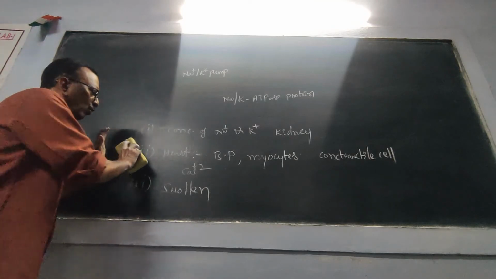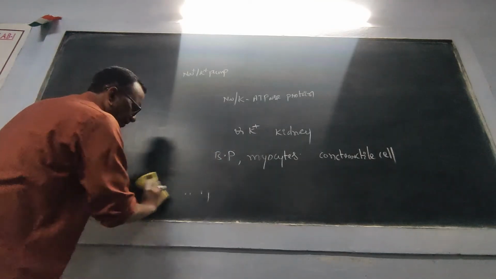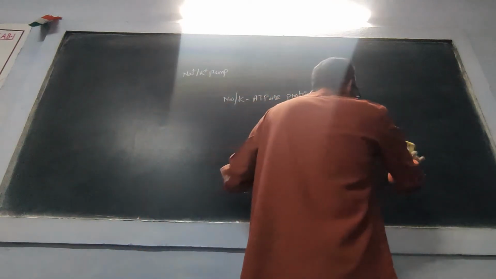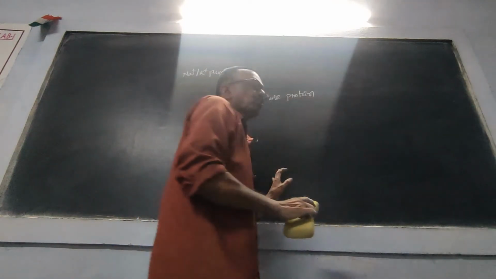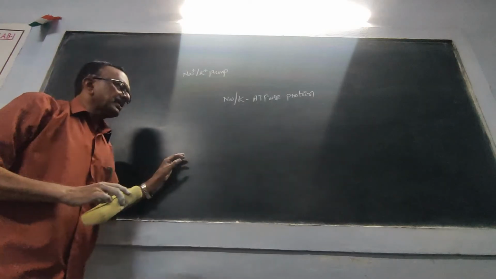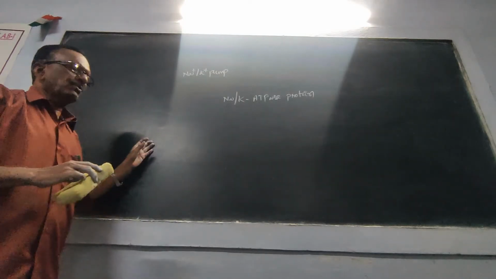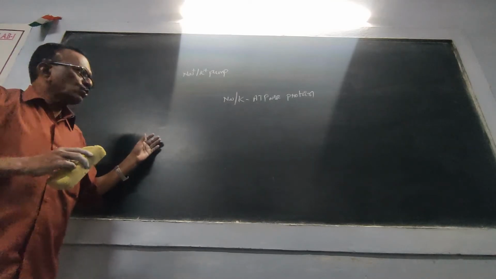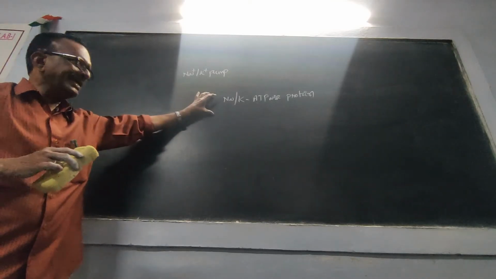Because of this importance, a patient who has imbalance or malfunctioning of the sodium potassium pump will first enter into coma, and afterwards may also die. So this is a very, very important aspect.